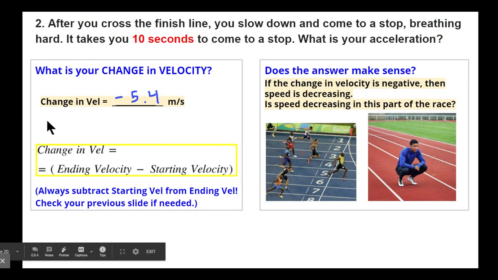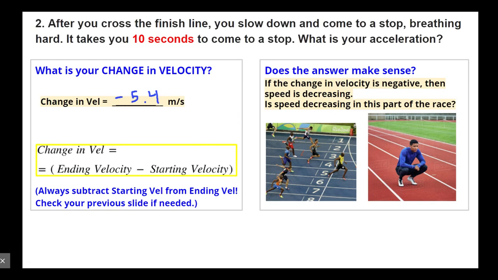Before we go a step farther, we should pause for a moment and ask ourselves, a negative change in velocity. Does this make sense for this part of the race? Your answer should always make sense. Well, if we have a negative change in velocity, that means our speed is decreasing.